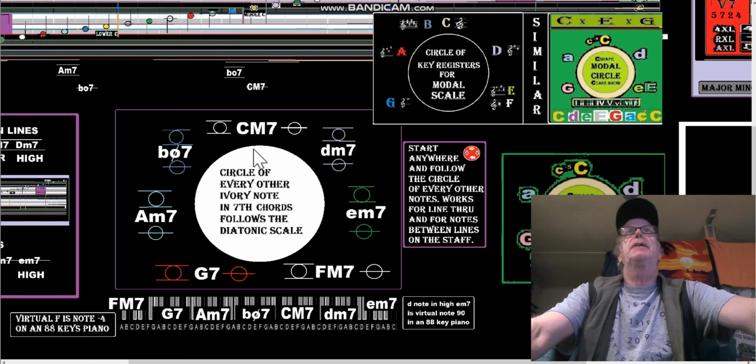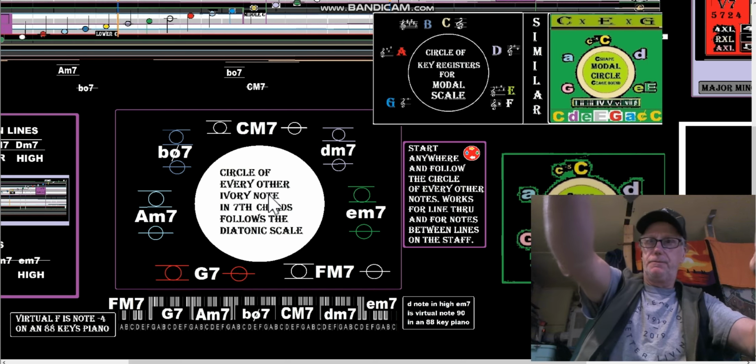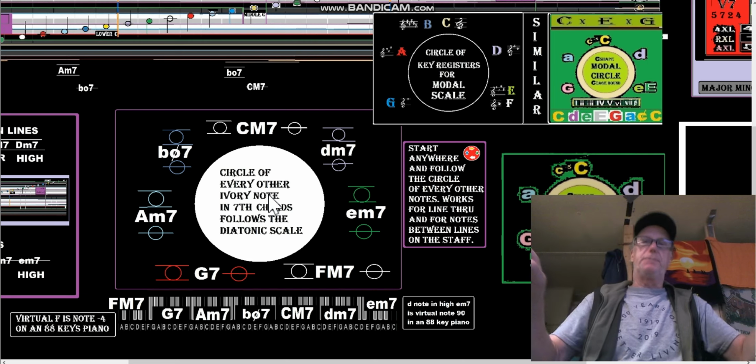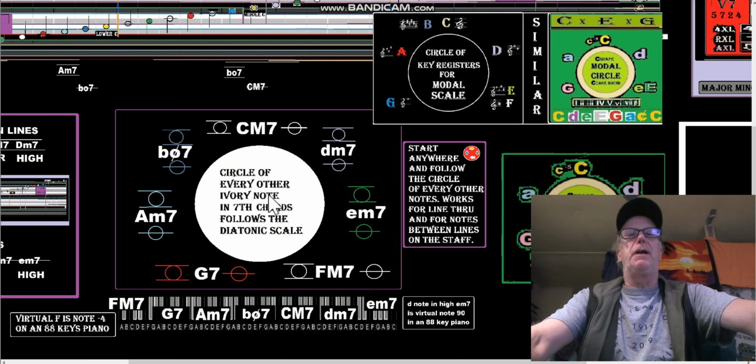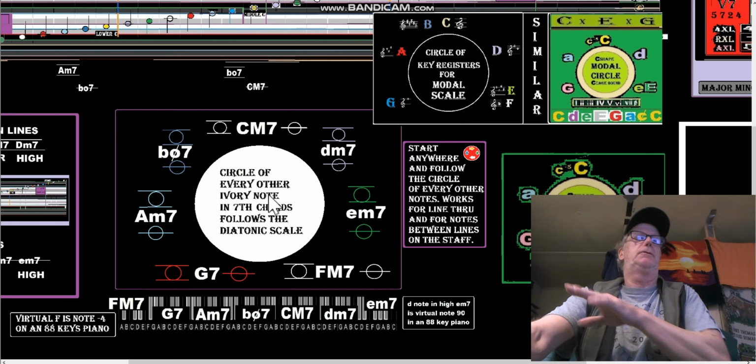In an exactly similar way, I came up with the circle of every other ivory note. Those are the white notes. Call them the ivories because they used to be made out of ivory in olden days. So everybody knows what we're talking about.